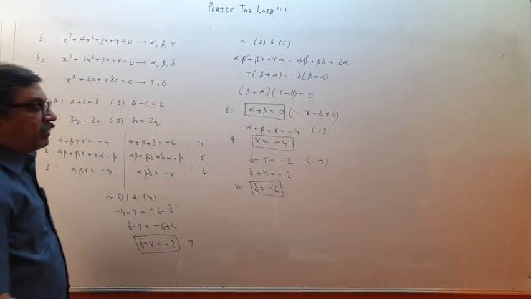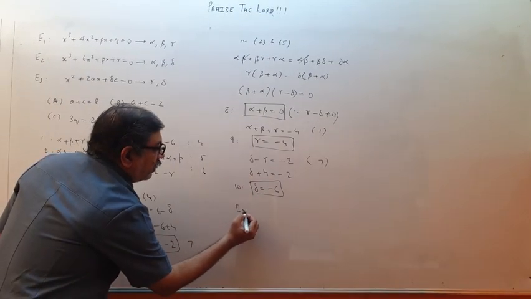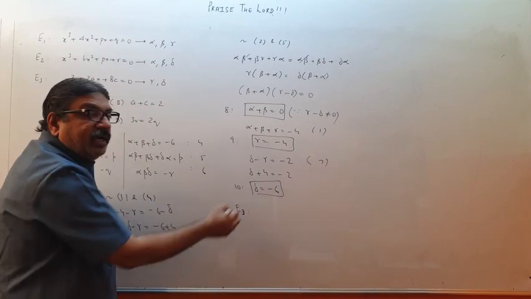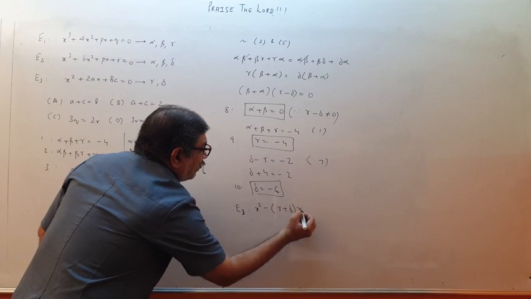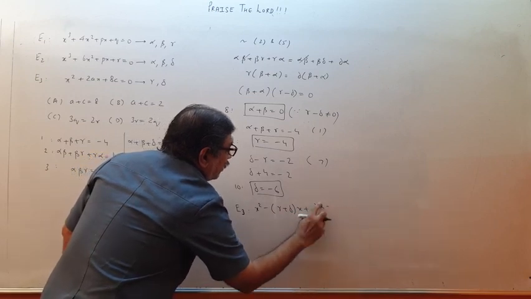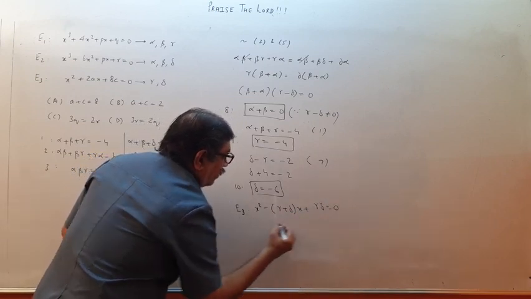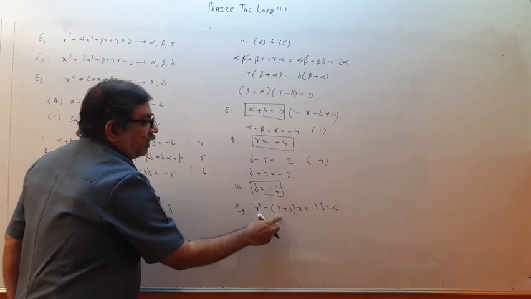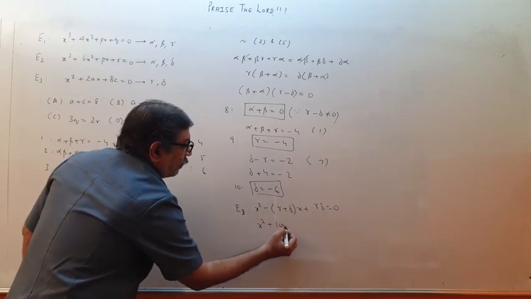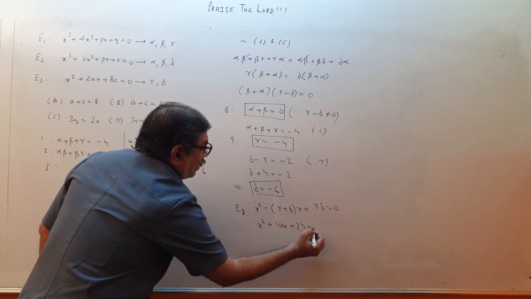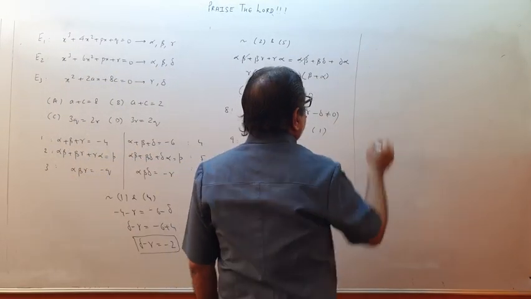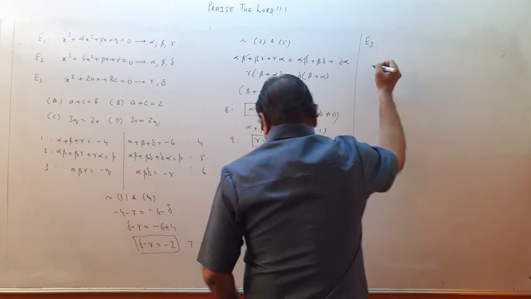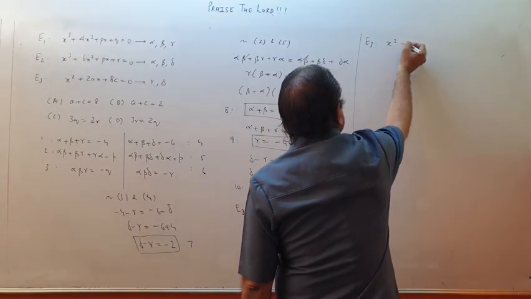So I get gamma and delta. So E3, the third equation using gamma and delta as roots, should be x square minus (gamma plus delta) x plus gamma delta equal to 0. So it will be x square minus gamma plus delta, so plus 10x plus 24 equal to 0. So E3 should be x square plus 10x plus 24 equal to 0.